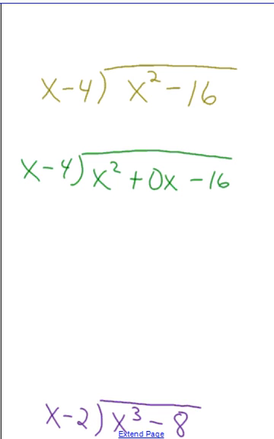Yes, read. How can you conclude that there is a term missing? Because if a power is missing, like there's no x to the first term, you're going to have to have a term to match up for everything.